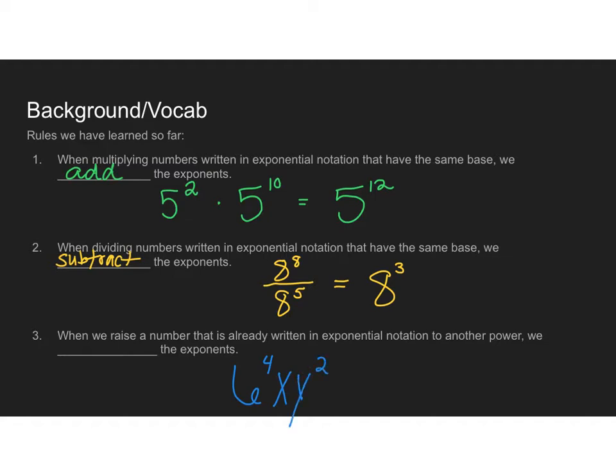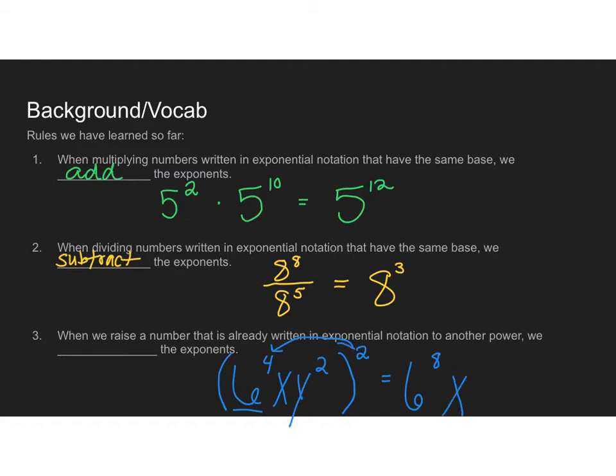This is our number written in exponential notation, and we're going to take this whole thing and raise it to the 2nd power. How do we do this? Well, we learned it yesterday. We distribute this exponent and multiply it to each one. So 2 times this base: we have 6, and 2 times that 4 is going to be 6 to the 8th.